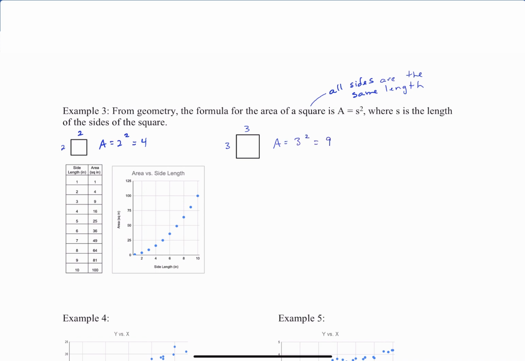So I've made a table with some different side lengths and the corresponding areas of the square with that side length. And I've also made a dot plot of that data. Now in this example, the side length is the independent or explanatory variable.